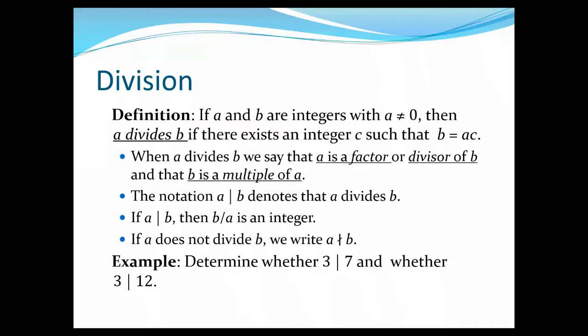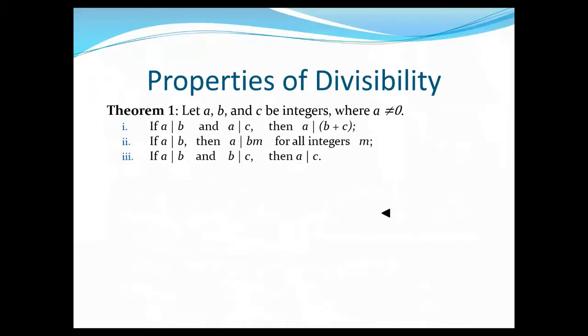Let's move on to the next slide and discuss the different properties of divisibility. It is stated in Theorem 1: let a, b, and c be integers where a is not equal to 0, since a is our divisor, so it should not be equal to 0.